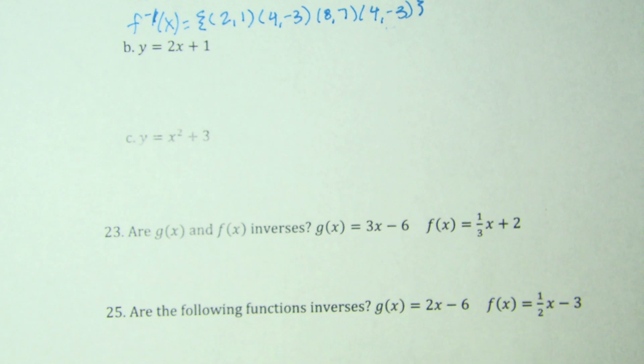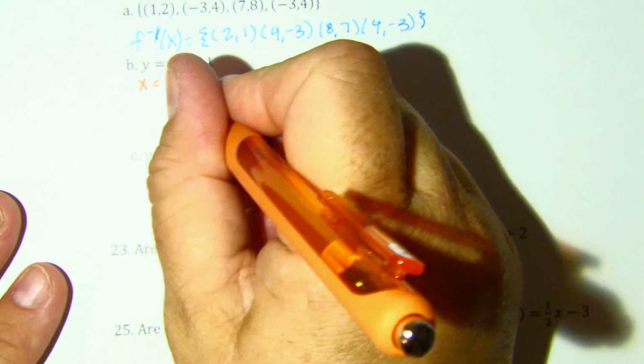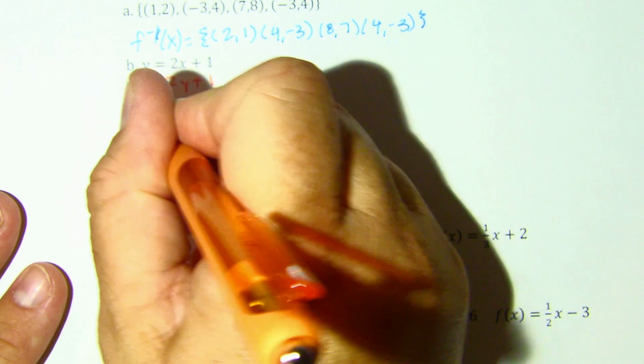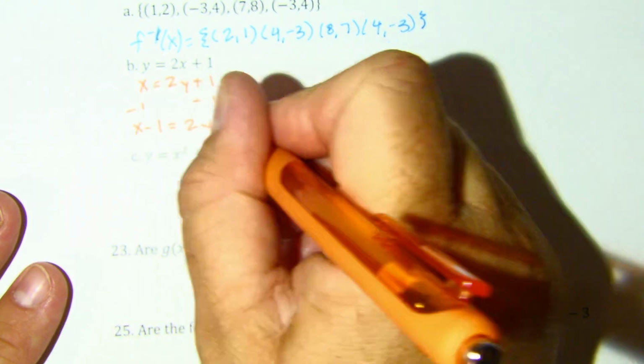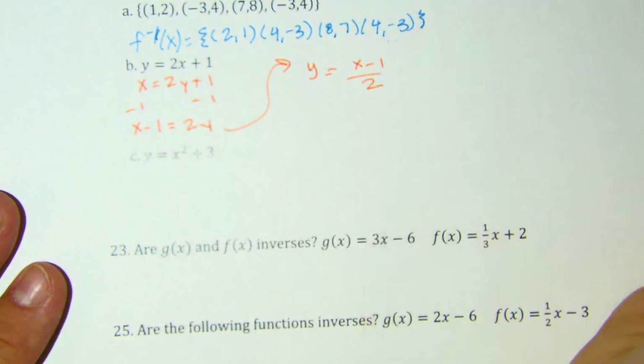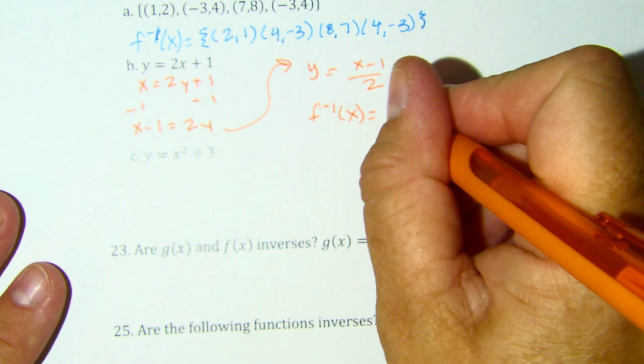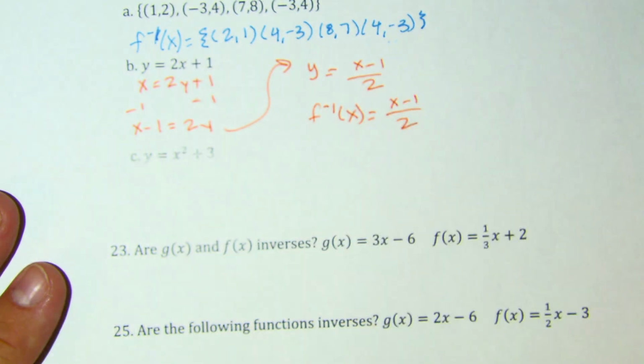Now, if we have an equation, we can find the inverse by switching x and y and solving for y. And so inverse f of x, or inverse of y, is x minus 1 over 2.